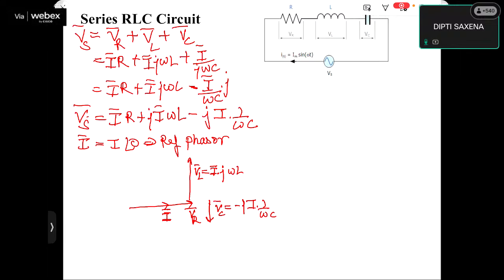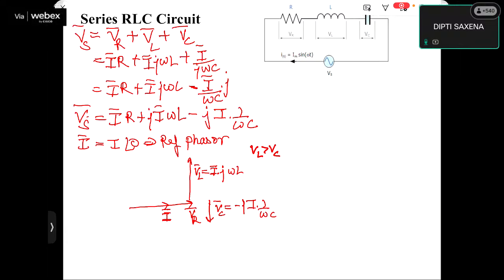So we have to add three phasors. Let us first add vertically. VL and VC are in opposite directions. They can have equal magnitude. It may be possible that VL is greater than VC, and it may be possible that VC is greater than VL. So let us take, for instance, VL is greater than VC.